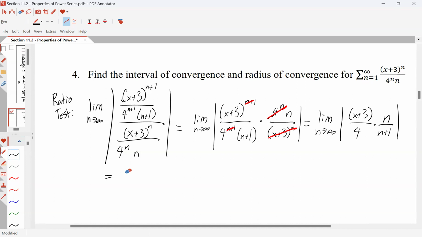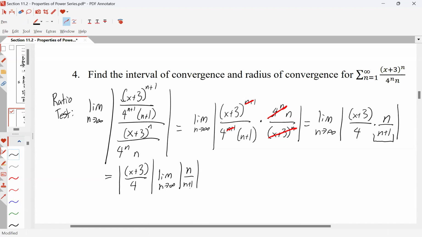When we're worried about this limit, the limit is only caring about the n stuff. So we're going to pull this x plus 3 over 4 outside our limit because that doesn't depend on n, and keep it inside absolute values. So limit n goes to infinity of n over n plus 1.